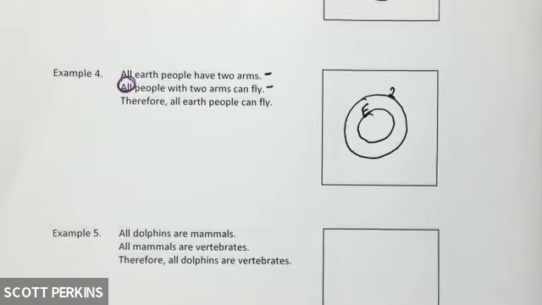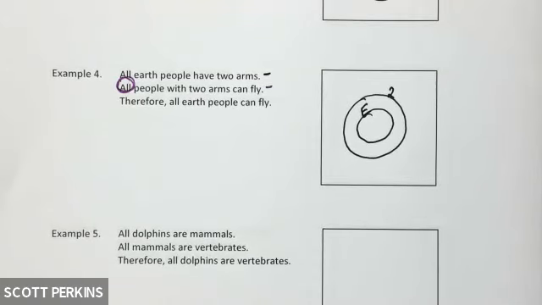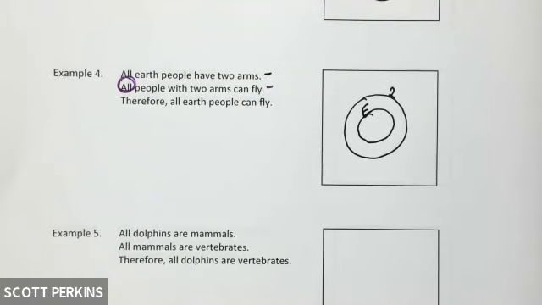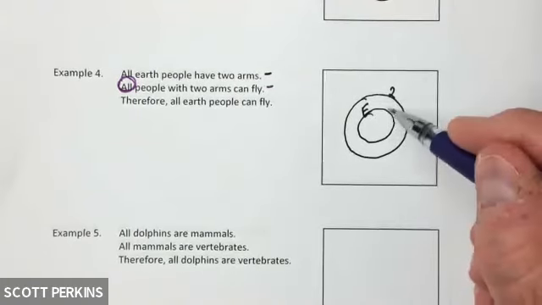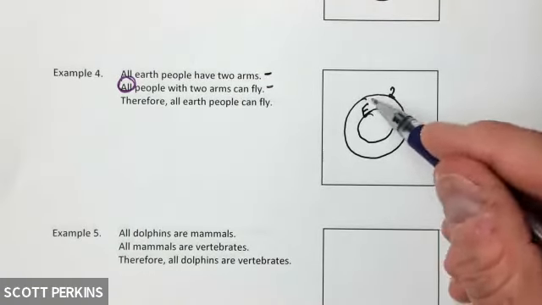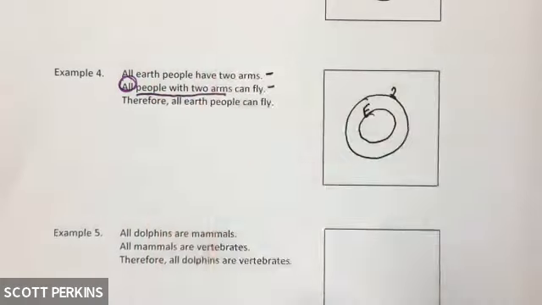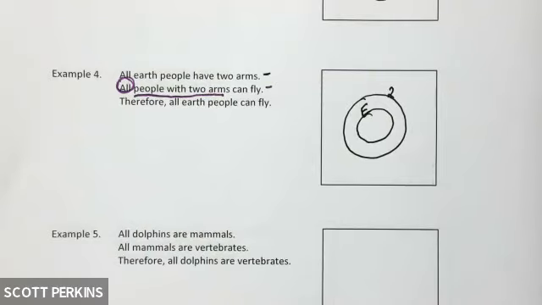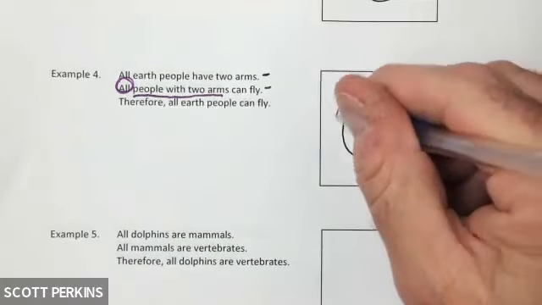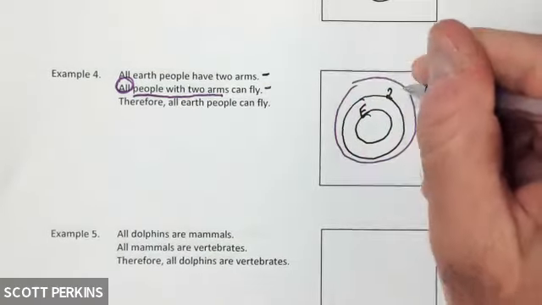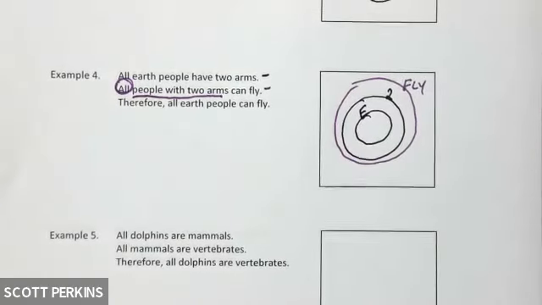Why did you say outside? Yes, because the people with two arms comes right after the all. Remember I told you whatever comes right after the all is always the smaller circle. So I'm going to put the fly circle right out there.